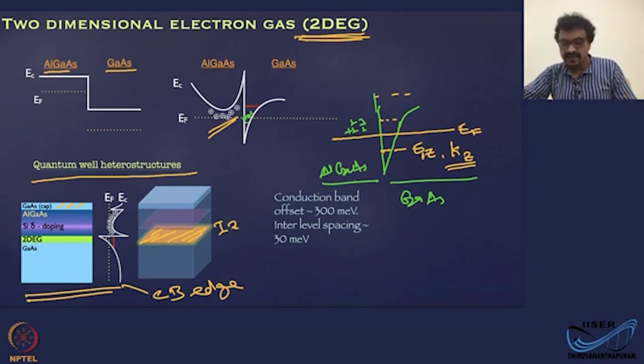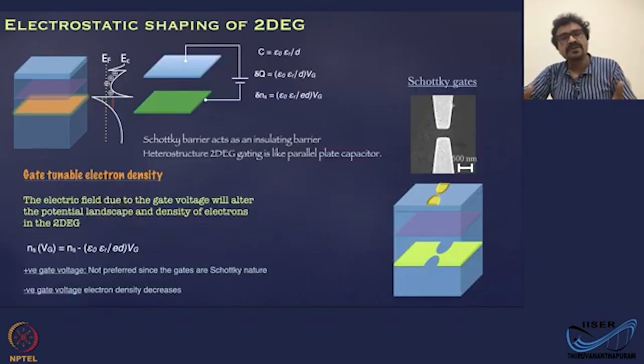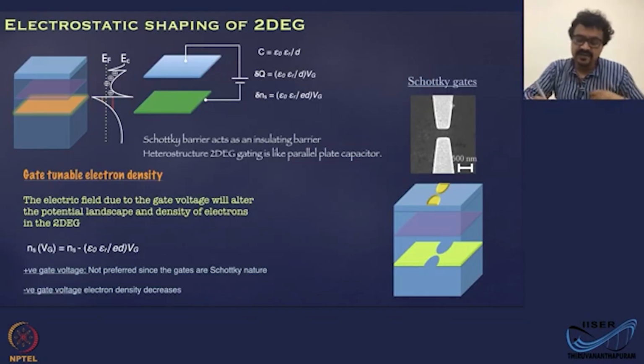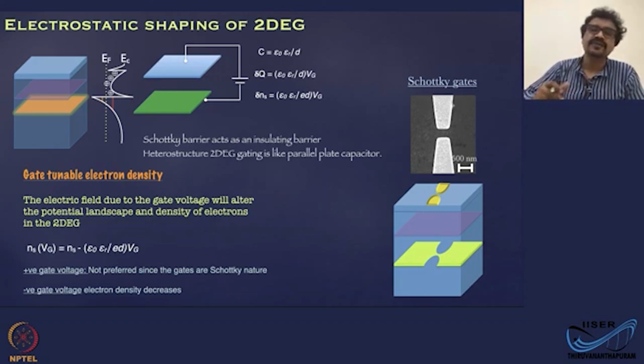All right. Now, these two-dimensional systems are like capacitors when you consider some kind of electrode on top of it.